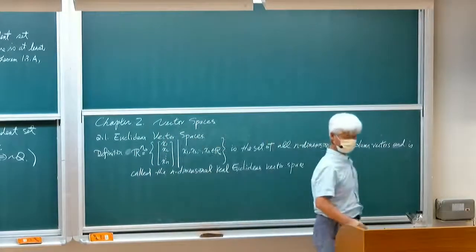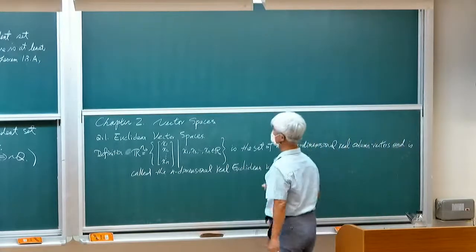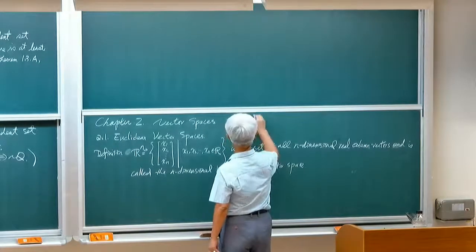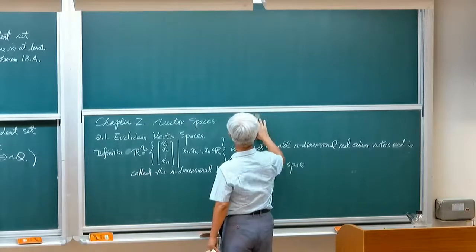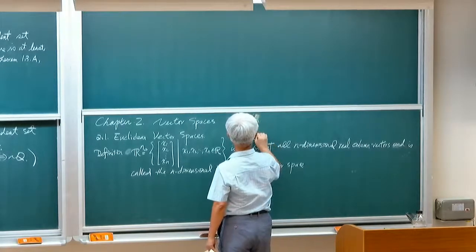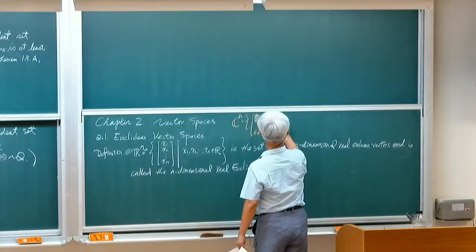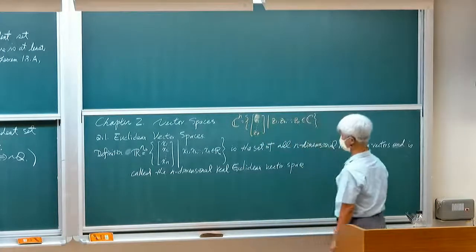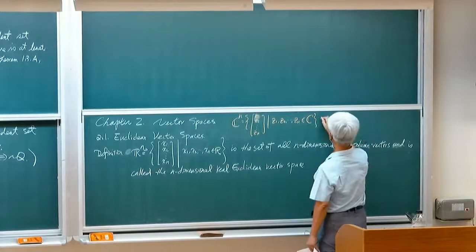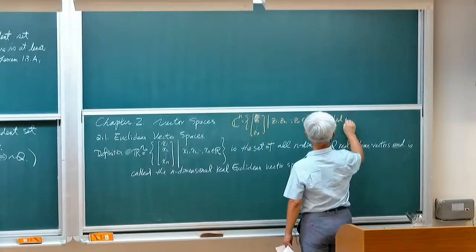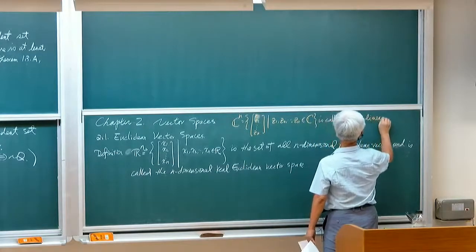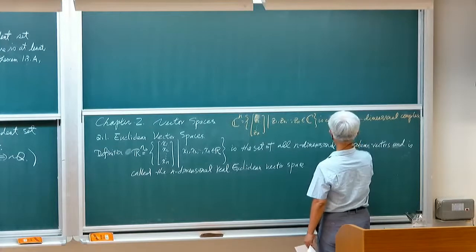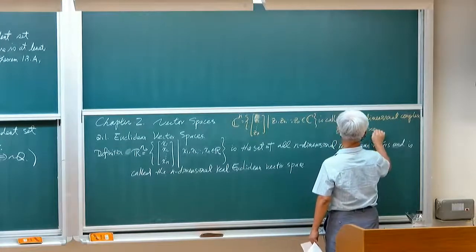So similarly, in later parts of this semester, okay, the Cn is called the n-dimensional complex Euclidean vector space.